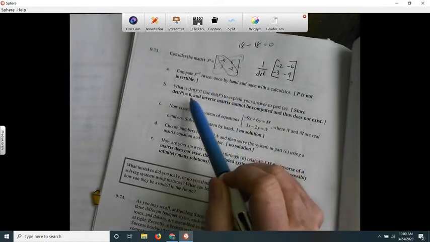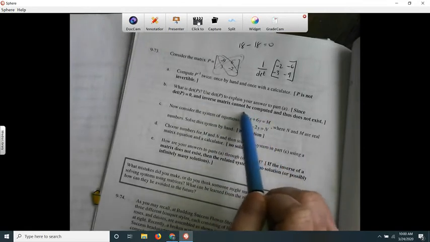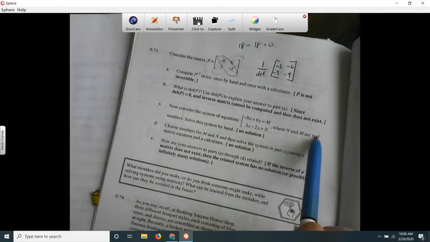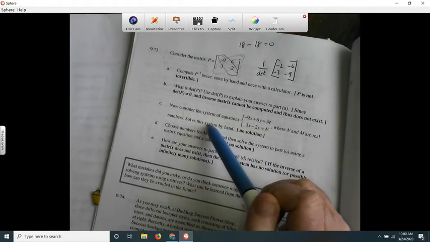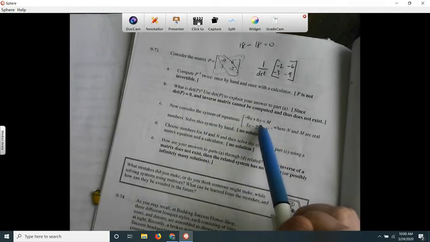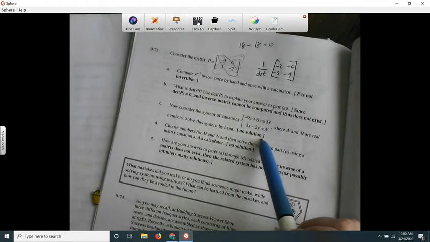Since the determinant is 0, you can't get an inverse matrix. It does not exist. If you tried to solve it by hand, you'd get no solution.